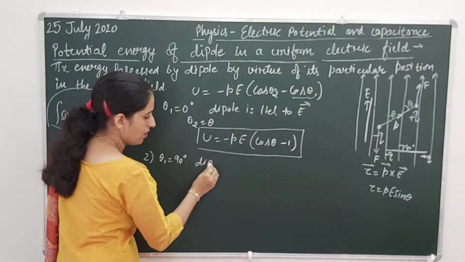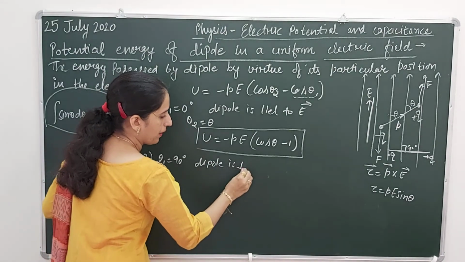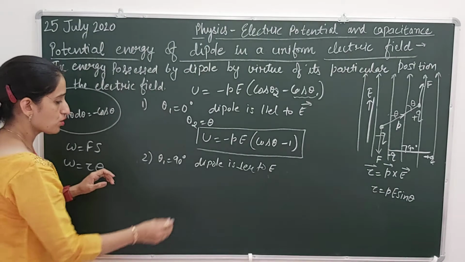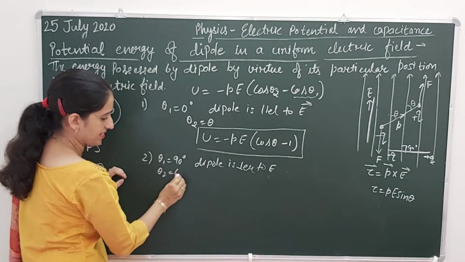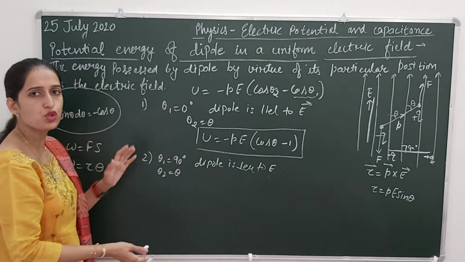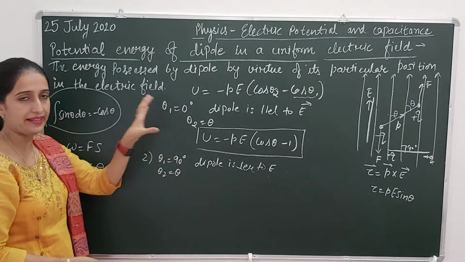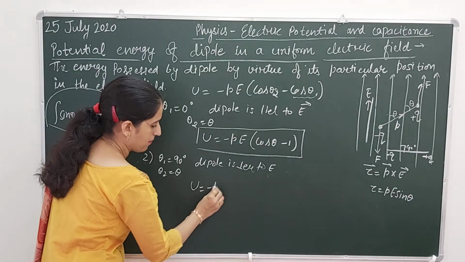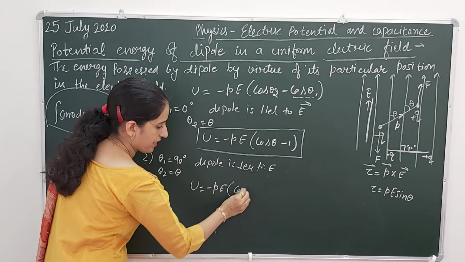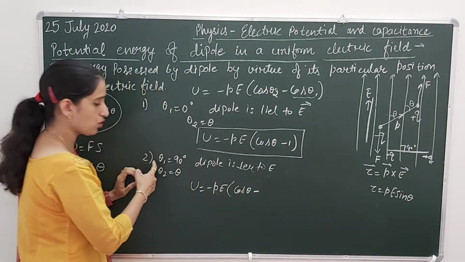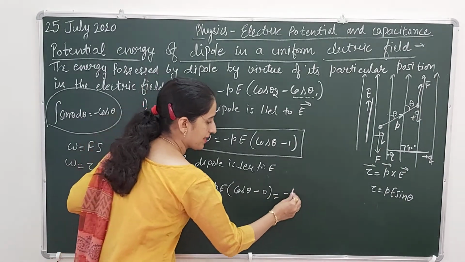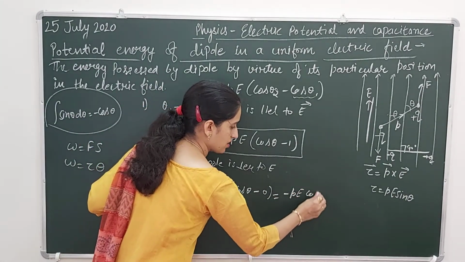Initially the dipole is perpendicular to the electric field, and theta 2 is theta. Finally we rotate this dipole and it is going to be fixed at this position. So this is given by minus PE (cos theta minus cos 90 degrees), and cos 90 degrees is 0. So it is minus PE cos theta.